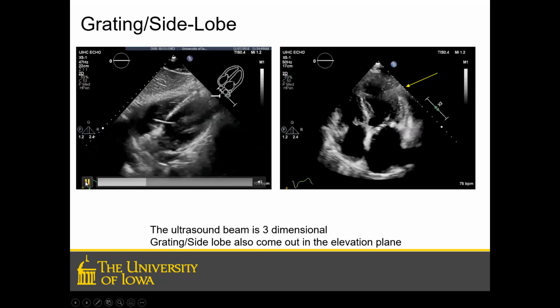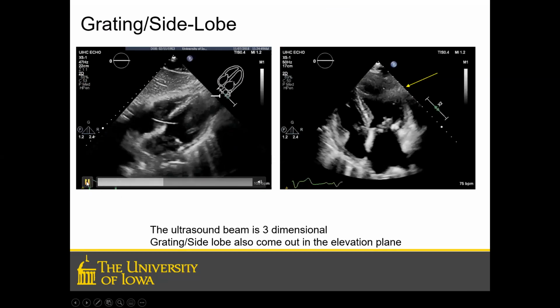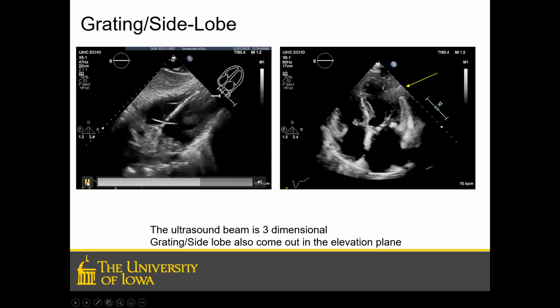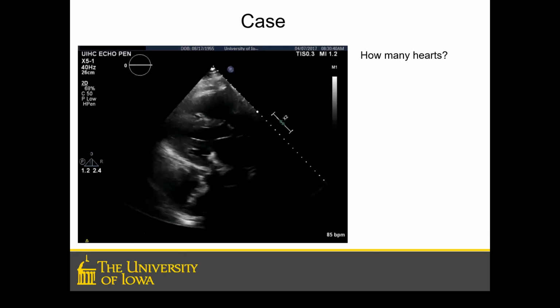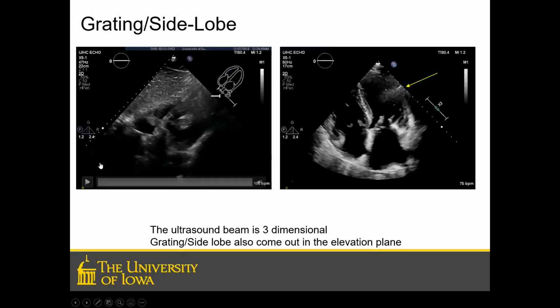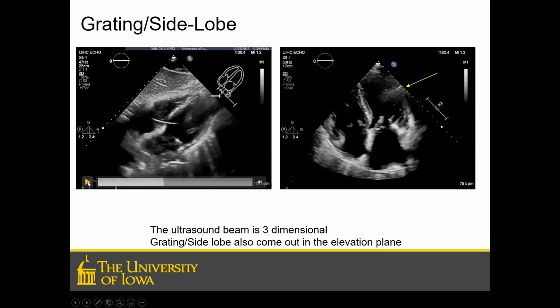And here is a similar artifact, but it's being seen in the elevation plane. So in this subcostal view, this pacemaker wire is being hit by a grating lobe, but the grating lobe is coming out in the elevation plane, hitting the RV a little bit more anterior, and displaying it as if it's going through the septum.